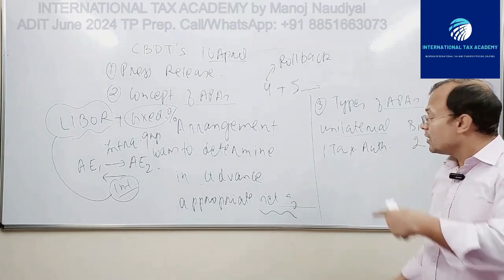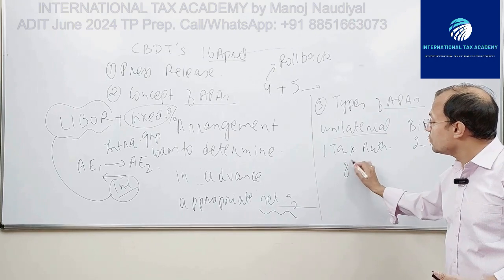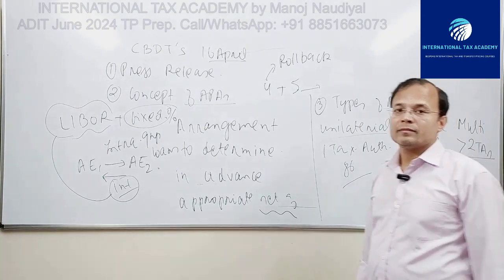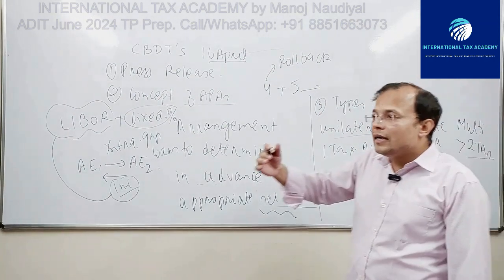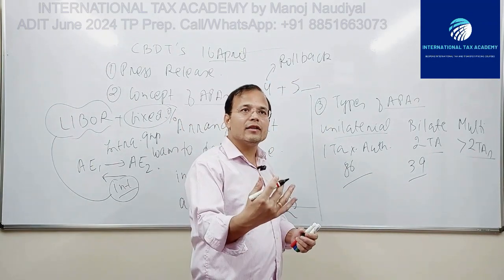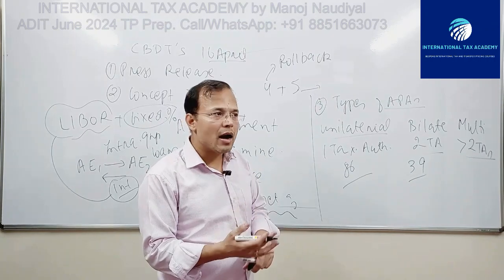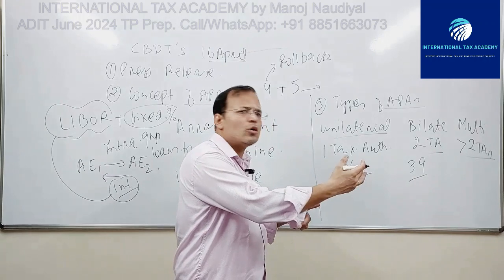Remember the CBDT figure. So 125 total number of APAs, and out of 125, 86 were unilateral and 39 were bilateral. In these 39 bilateral APAs, Indian tax authorities entered into agreement with the tax authorities of US, UK, Denmark, Singapore, and one or two other countries.